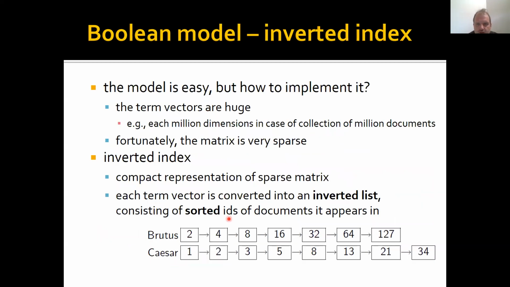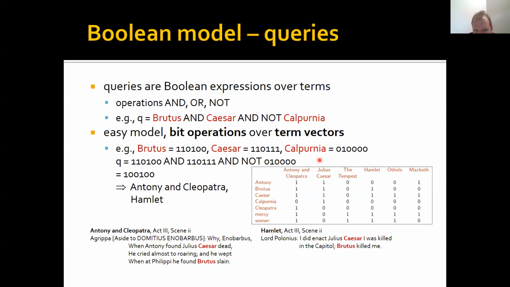Now, how to efficiently implement the bit operations. Of course, we could have the term by document matrix really materialized like that, so we have all of these bit strings stored somewhere on disk or in memory. But we also said that this matrix is very sparse, right?